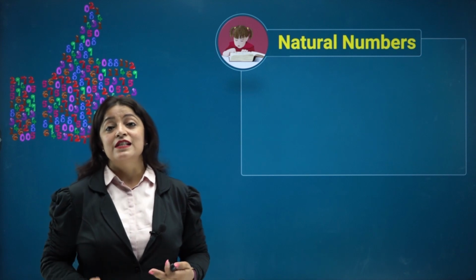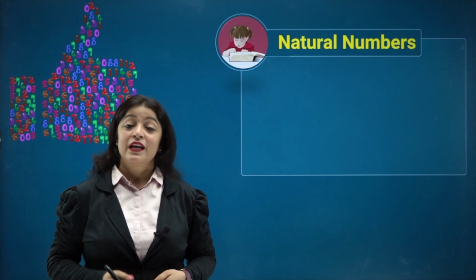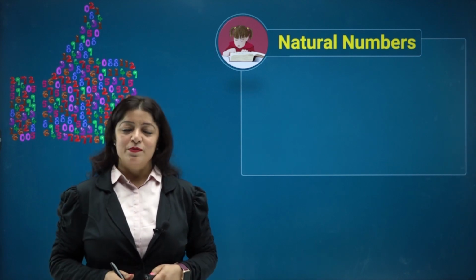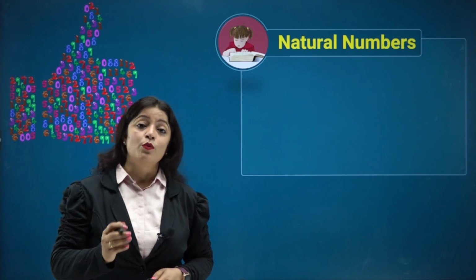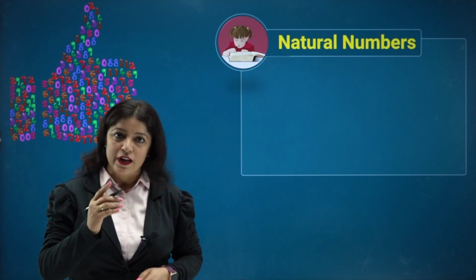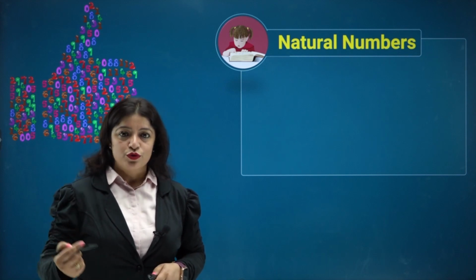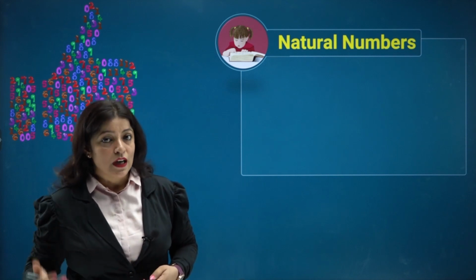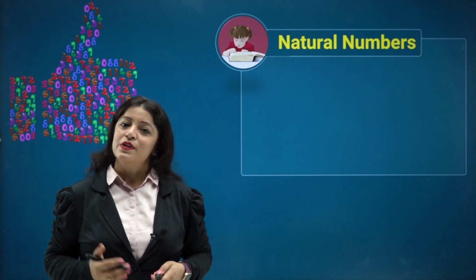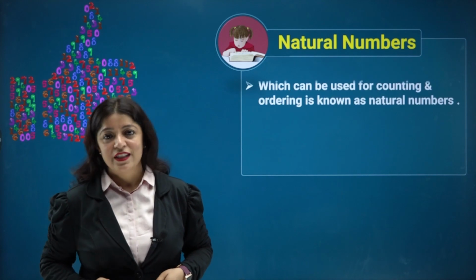Next is the natural numbers. Now, what do you understand by natural numbers? As you see, if you count any numbers, the counting will start from the number 1, right? So 1, 2, 3, 4, they all are the numbers in which you can start counting, and these counting numbers are called natural numbers.